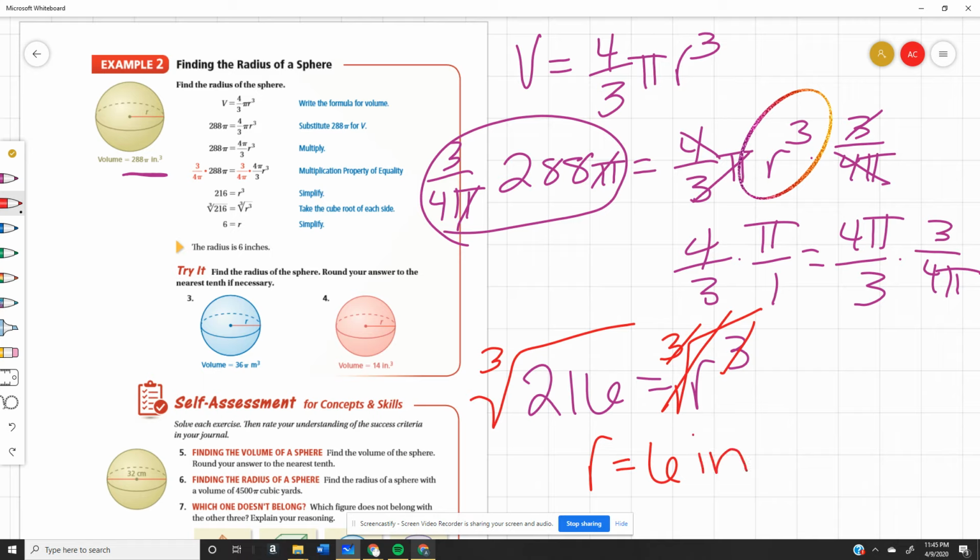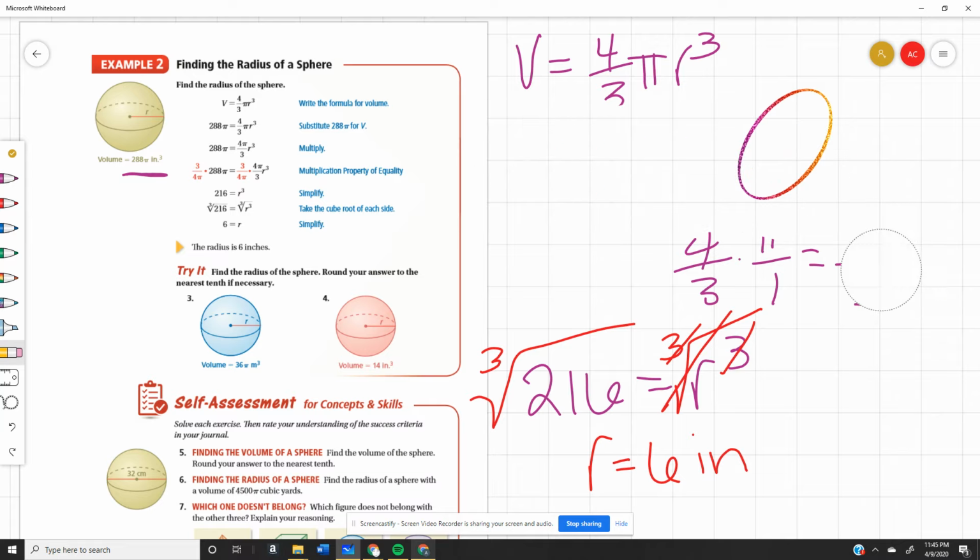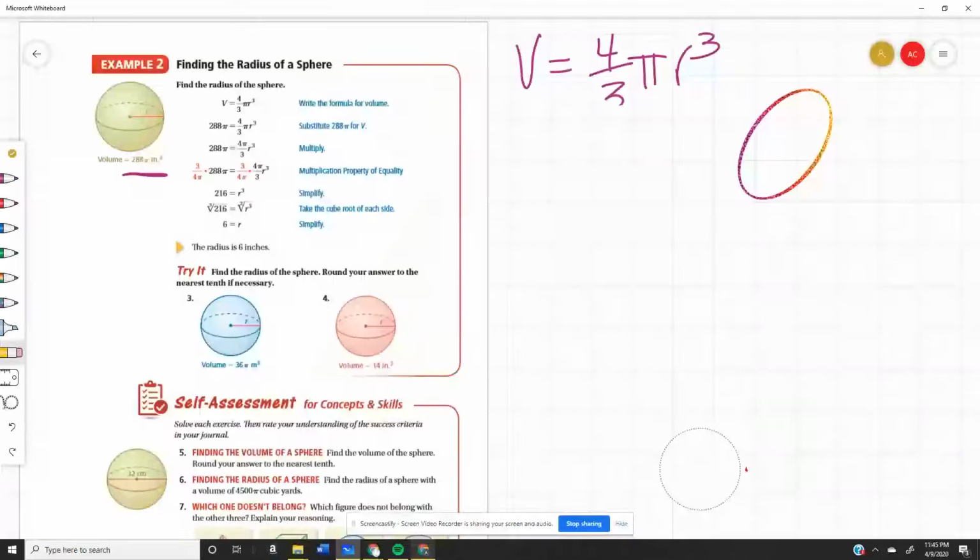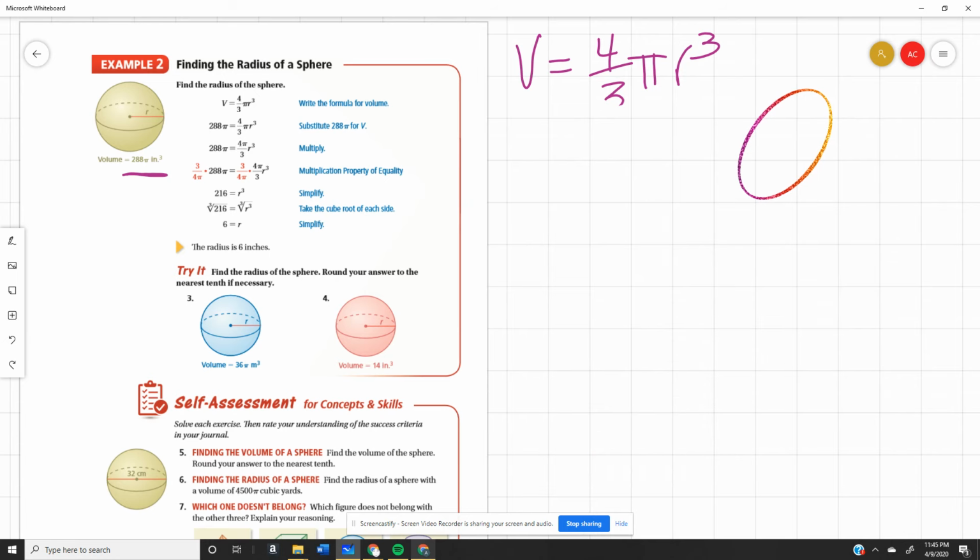Now, I know that looks like a lot, but just keep in mind how we solve problems with fractions. So what I want to do really fast is erase all of this, and I'm going to show you how I think about this when I'm doing problems where they've left the answer in terms of pi, okay?